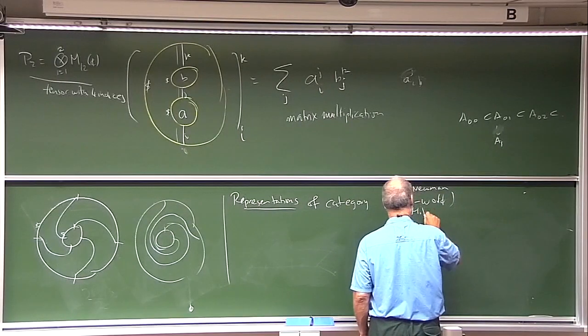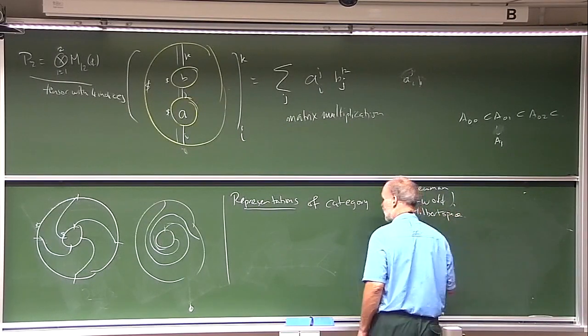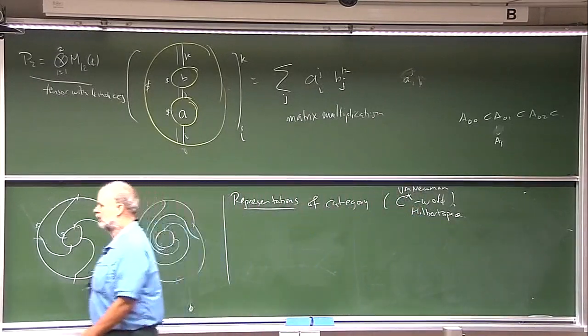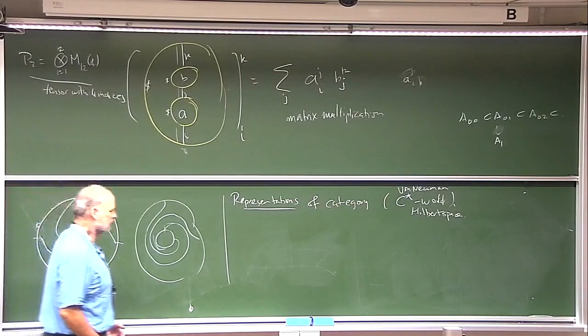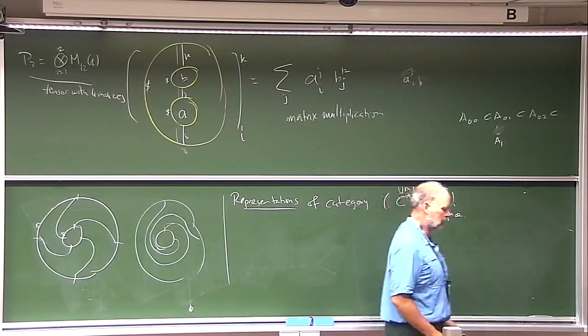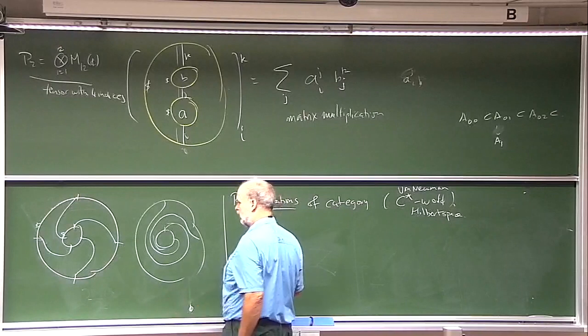Hilbert space. So by that I mean that I'm going to consider vector spaces, but I'm going to insist that all of my vector spaces be Hilbert spaces, finite-dimensional Hilbert spaces. So what is a representation, therefore, of this category?